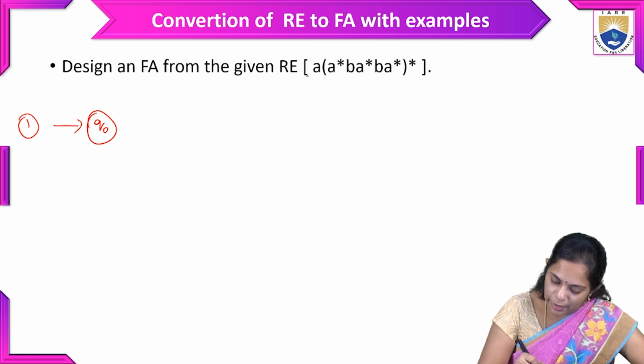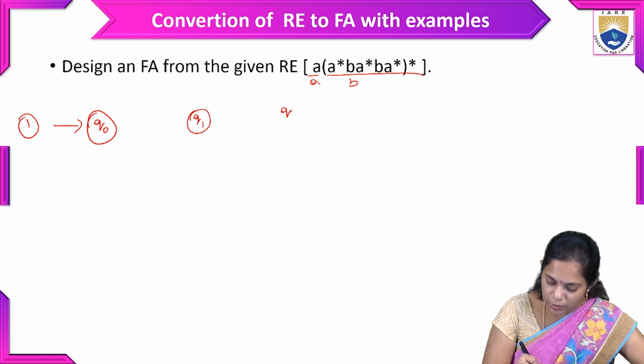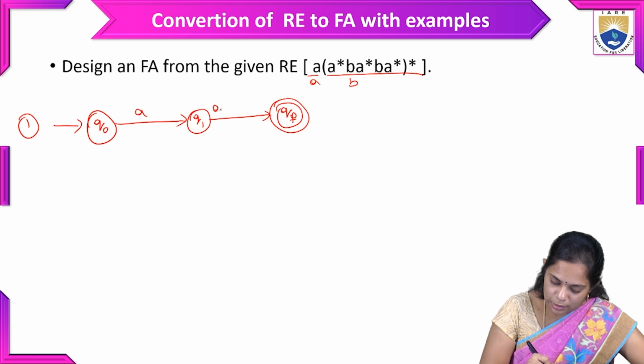So there is a concatenation A, B. So in between one state is there, Q1, and reaching the final state, QF. So if it is A as an input, and this one A star, B, A star, B, A star, whole star.